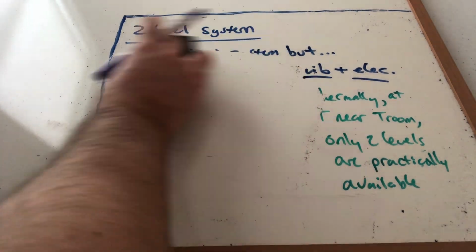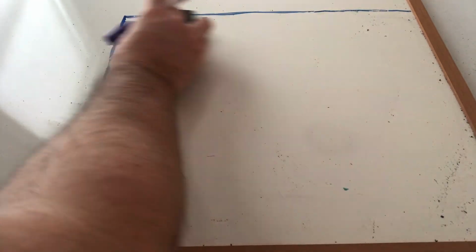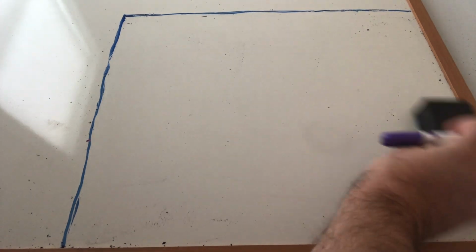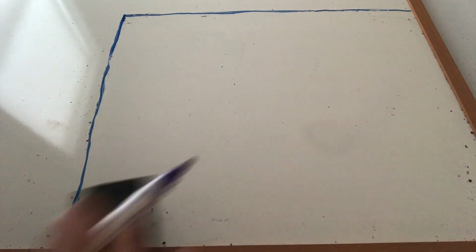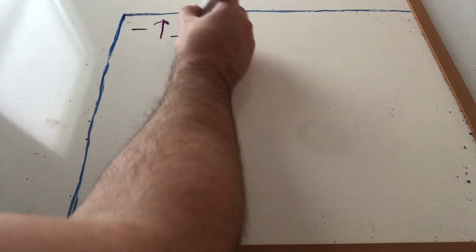So let's look at a two-level system. It is idealized. We know there's more than two vibrational states. We know there's more than two electronic states. But those two states might be the most important. And so we're going to look at the actual mathematics associated with a two-level system and then know that we have application to those important properties that we look at. So here's what we're going to do.